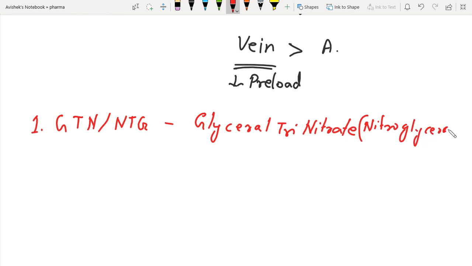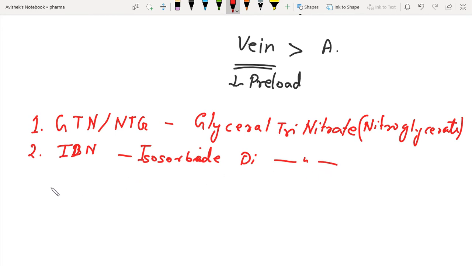Second, what we can use is ISDN. What is this? Isosorbide dinitrate. Then number 3 we can use ISMN. This is isosorbide mononitrate.